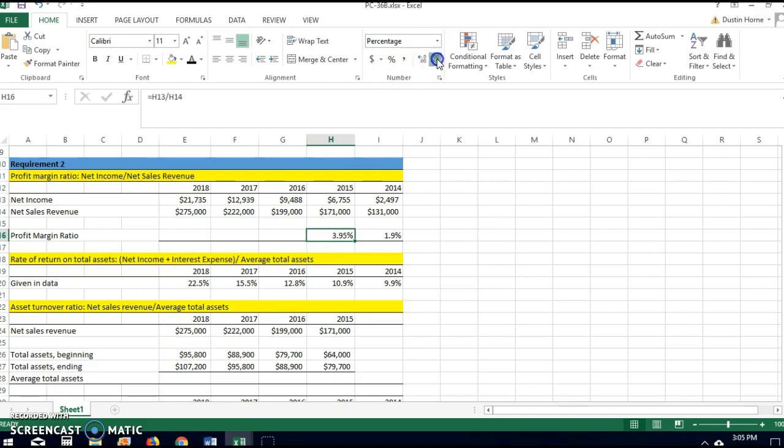We'll leave it as 4%. So as you can see here, our profit margin ratio is increasing, meaning that we have more left in the bottom line when compared to your net sales revenue, which we'll talk about in a second. Let's just go ahead and get all of our numbers in.